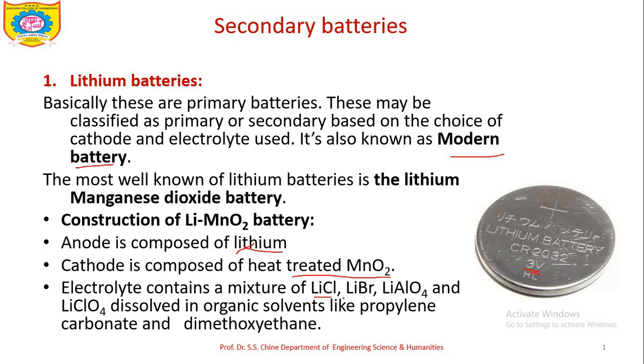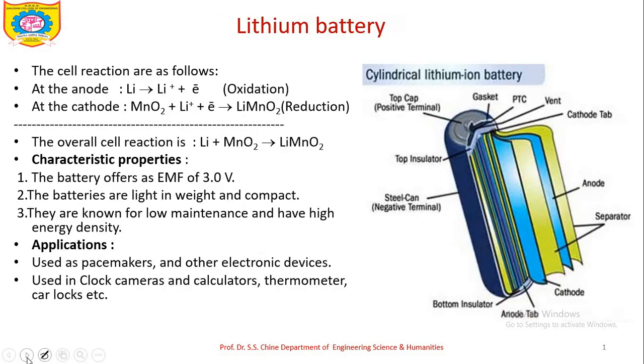That is generally a mixture of lithium chloride, lithium bromide, lithium aluminum oxide, and lithium perchlorate, which are dissolved in organic solvents like propylene carbonate and dimethoxyethane. In general, the electrolyte is salts of lithium dissolved in organic solvents.